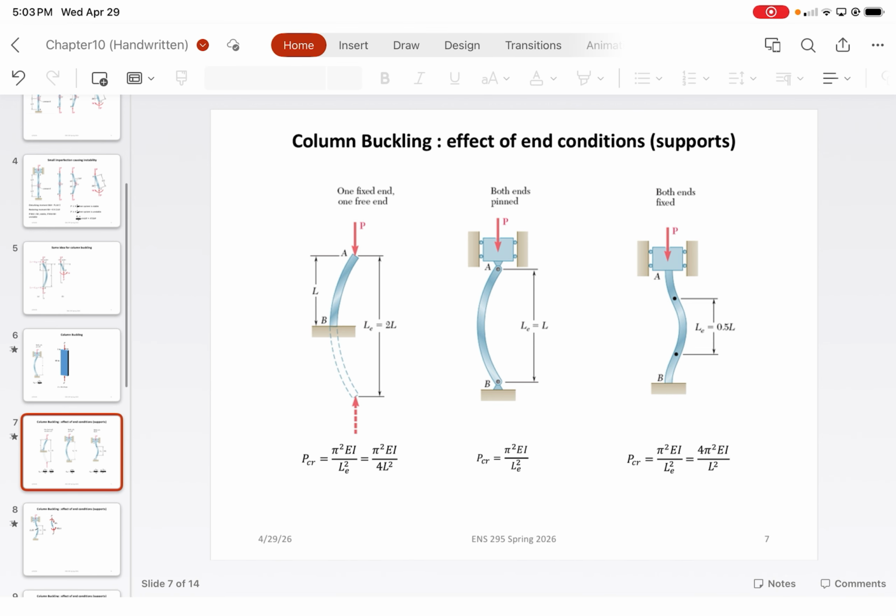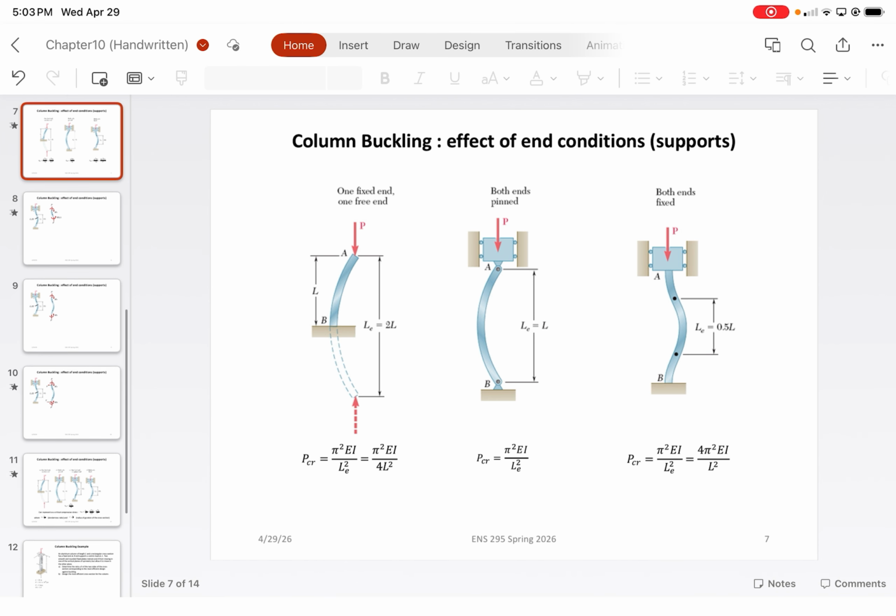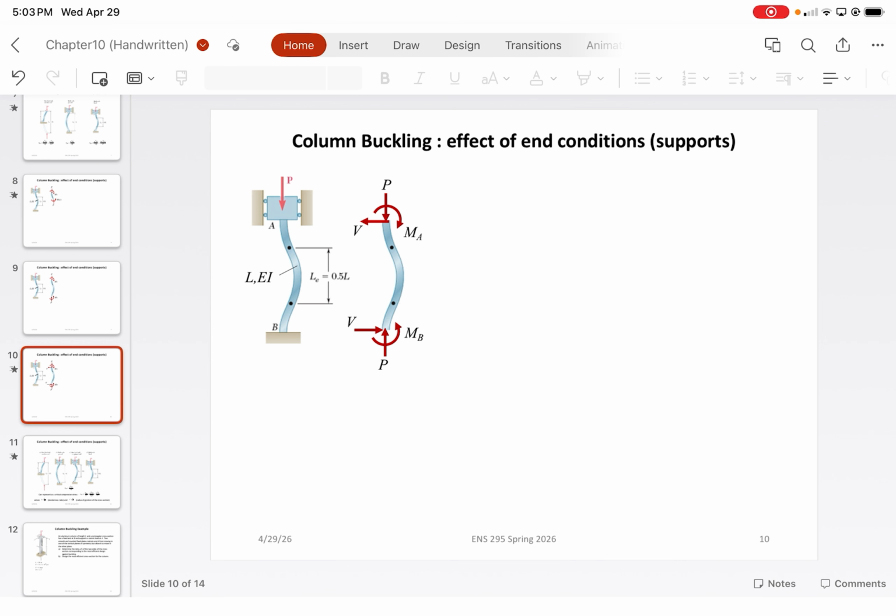This bending moment would then induce bending, which is our buckling phenomenon. And the only way to really solve it is by solving what we get as a differential equation.